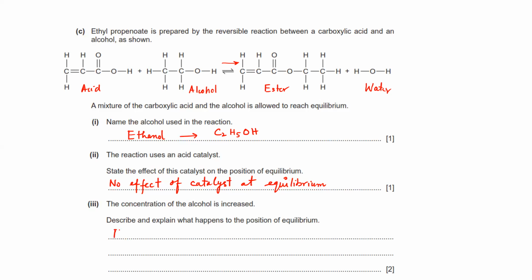So you can say forward reaction towards right increases, or forward reaction towards right uses more ester and water is produced.